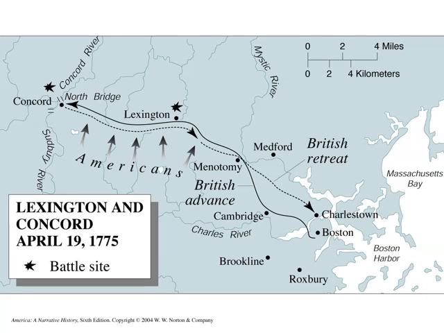Well, colonial Minutemen, as they were called, which simply meant a bunch of farmers armed with guns, and British soldiers fought at Lexington on April 19th of 1775. This is called the Shot Heard Round the World.